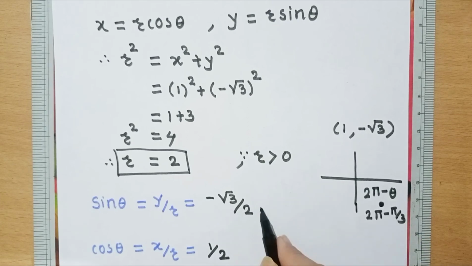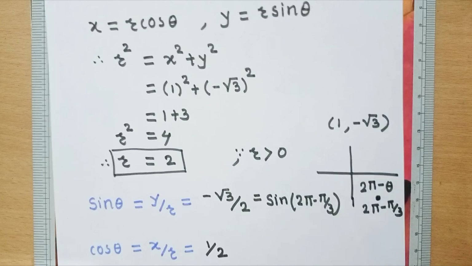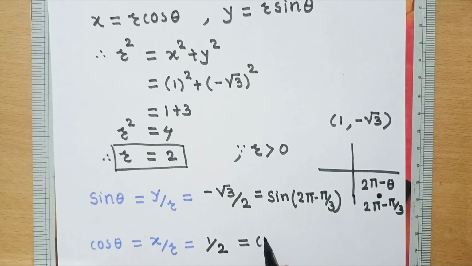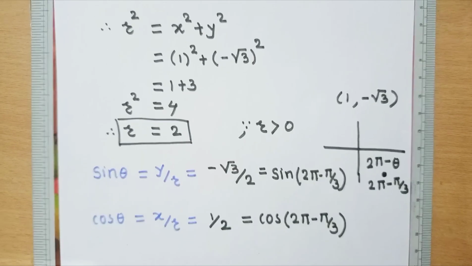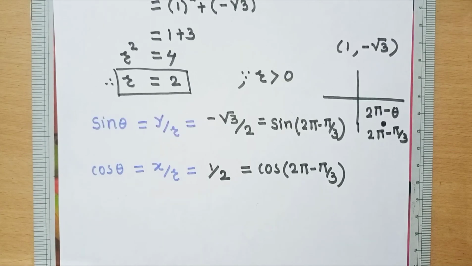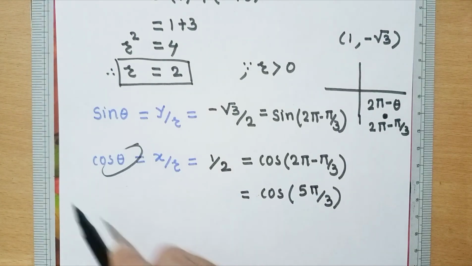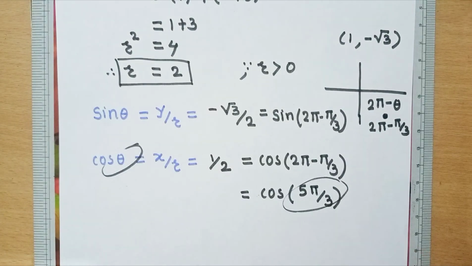We will write this angle here, and so that is equal to sine of 2 pi minus pi by 3, and same here cos of 2 pi minus pi by 3, and this angle is nothing but 5 pi by 3.